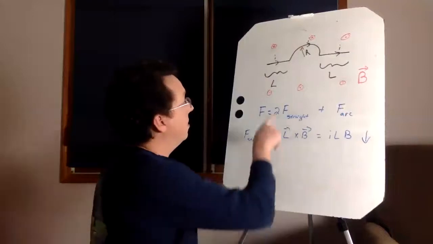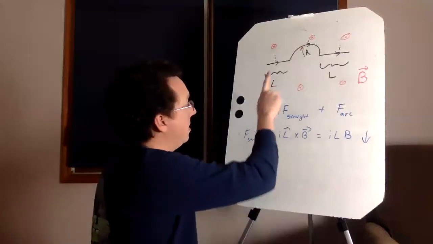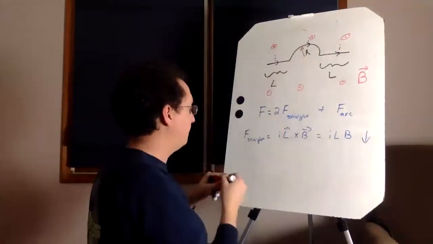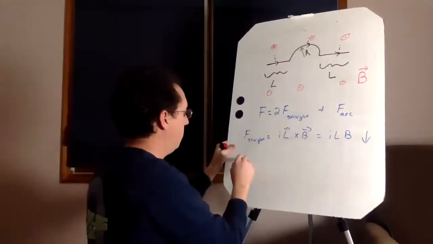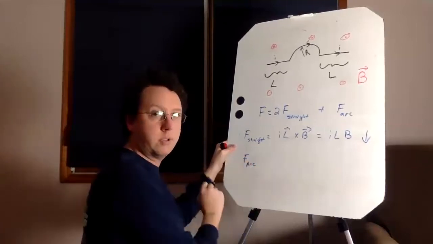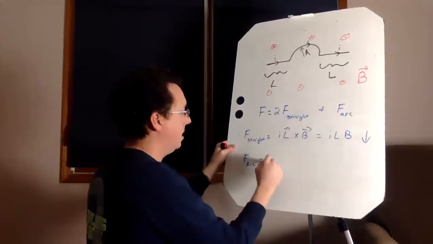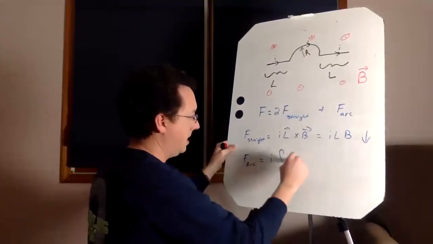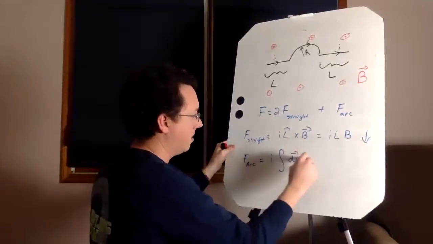Let's focus on the circular portion. The force on the arc, make sure you guys can see that, equals I times the integral ds vector cross B.